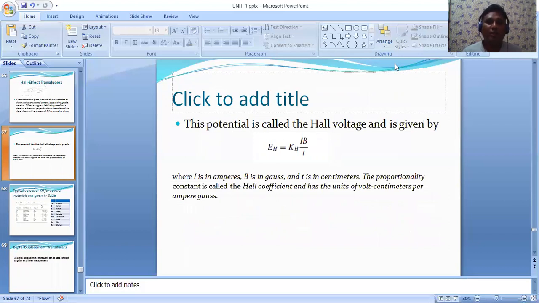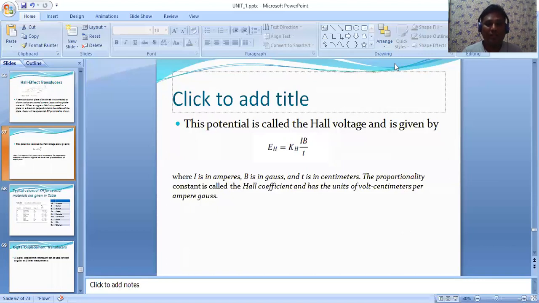The Hall voltage is calculated by KH into IB divided by T. Here, KH is a quantity of the particular material. Here I is the current in amperes, B is in gauss, and T is in centimeters.